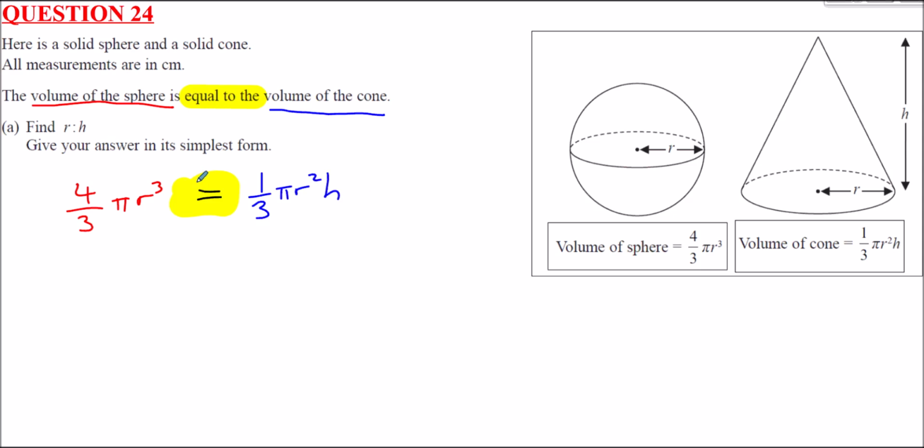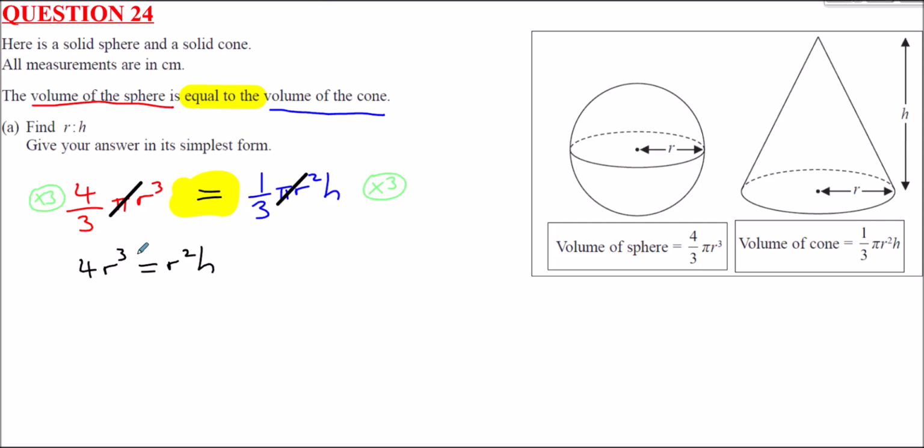So we can simplify this down and then finally work out what the ratio of r to h is. So what I'm going to suggest we do is we can cancel pi on both sides of this. So divide by pi, and then we can also multiply both sides by 3. So if I multiply this one by 3 and that side by 3, I'd then get that 4r cubed equals r squared h.